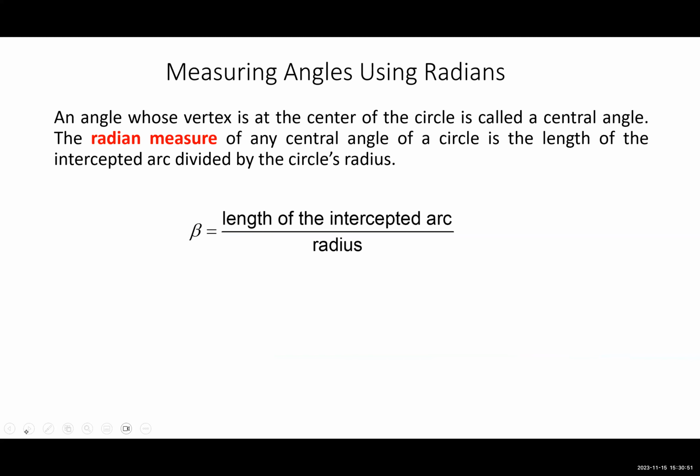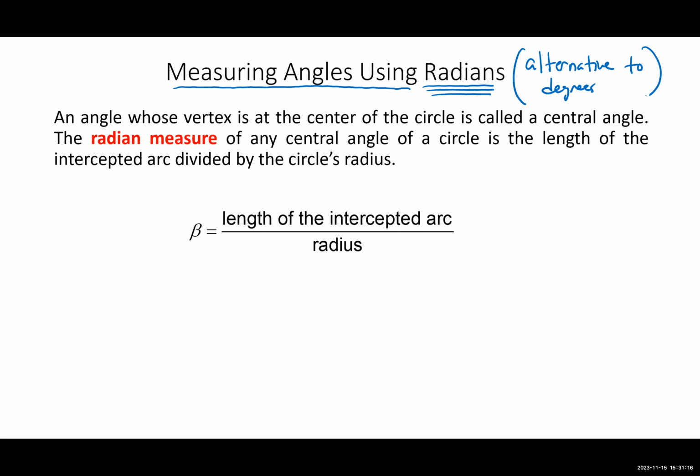Okay, so we have to talk about measuring angles using this other measurement system called radians. Radians is an alternative to degrees. Right?